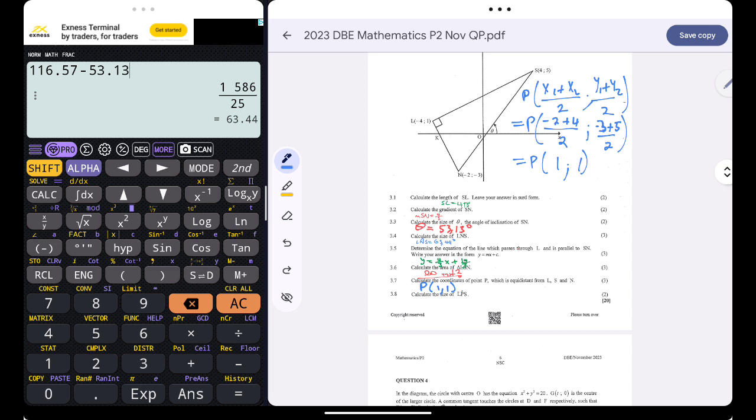Now I'm asked to calculate the size of angle LPS. I said P will be somewhere here, where I will have 1 and 1.